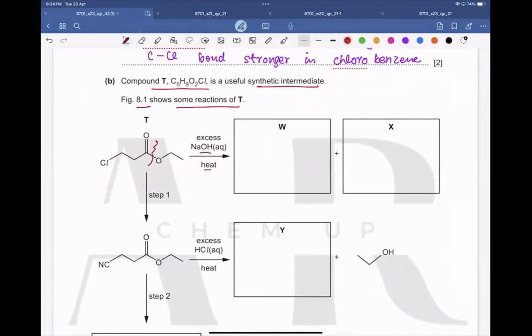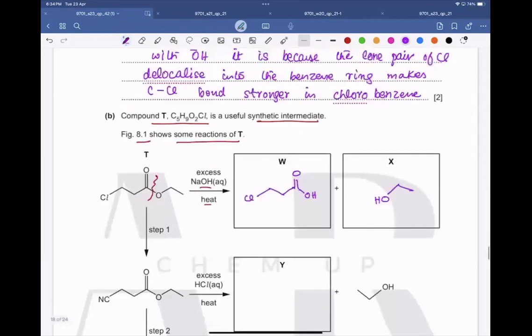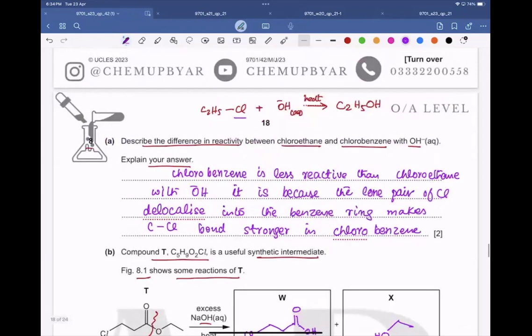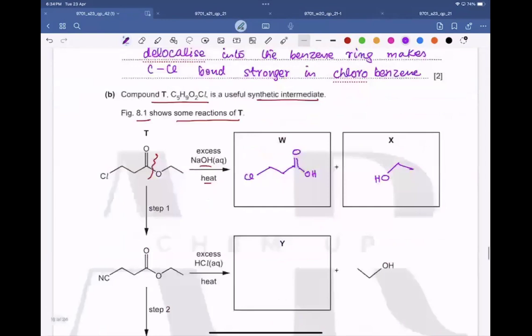On breaking this, we get one fragment this and the other fragment this. So here it will become carboxylic acid, here it will become alcohol. But with aqueous sodium hydroxide, we have discussed that chlorine is substituted by the OH group. So this chlorine also gets substituted, and we get an OH over here.